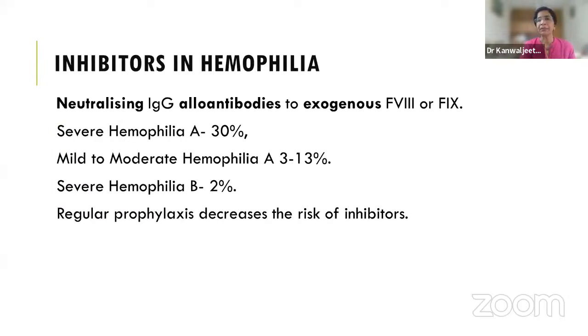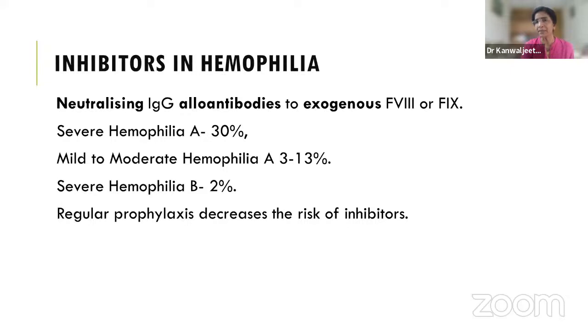Next important topic: inhibitors in hemophilia. It is important to know when to look for inhibitors and how to manage patients with hemophilia who have inhibitors and who come to us later. Neutralizing IgG alloantibodies to exogenous factor 8 or 9 would lead to inhibition of the action of the factor that we are administering to the patient.